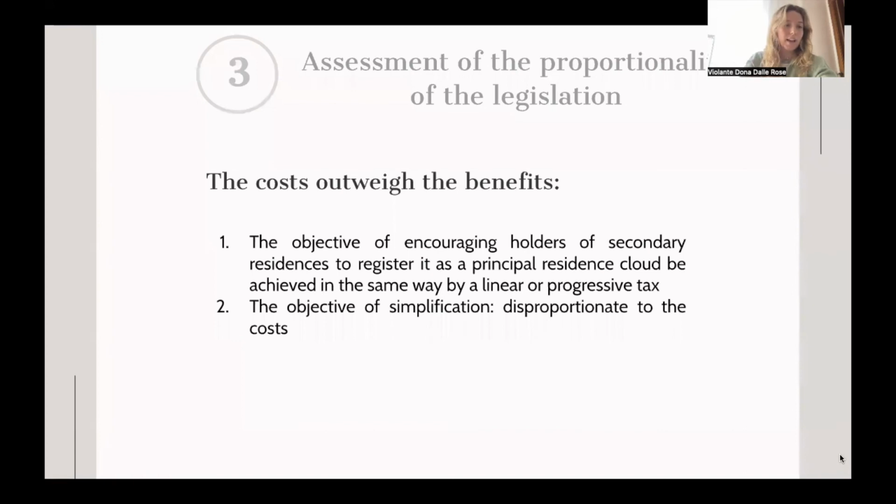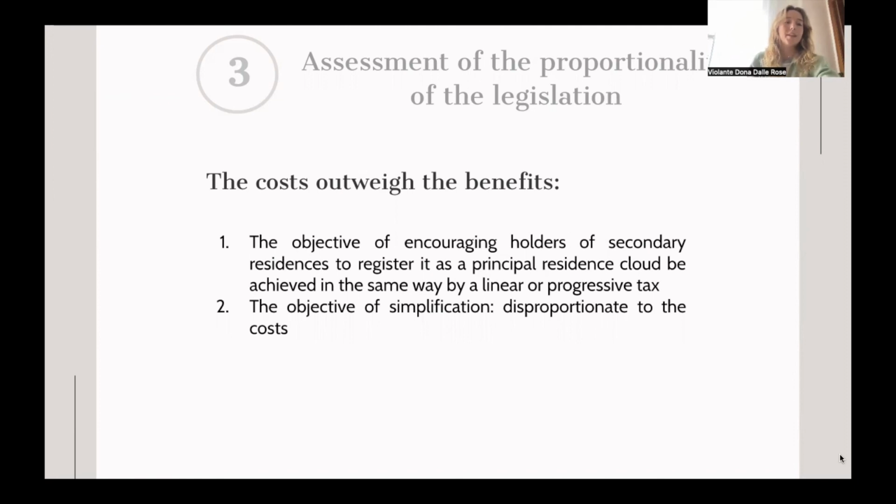Okay, so lastly, the court analyzes the proportionality of the legislation. So while imposing a tax on secondary residences may be suitable overall, so to encourage holders of a secondary residence to register the residence as a principal residence, the design of this degressive tax scale itself does not promote this purpose.